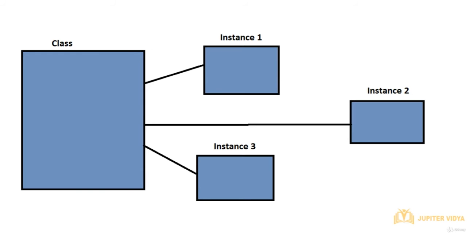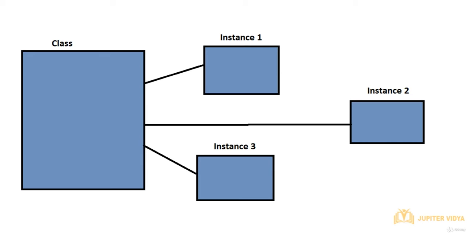We use a class to create the instance. A class is a prototype, so using this class we can create different instances. In Python we use the keyword class to create a class, and using the class we can create the instance that we will use in a program.